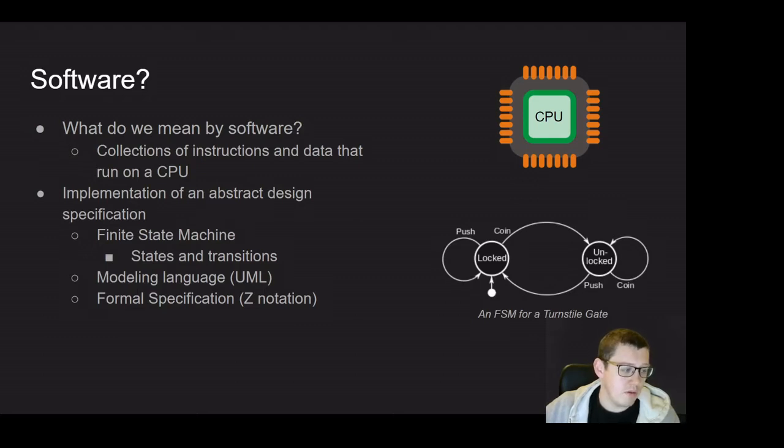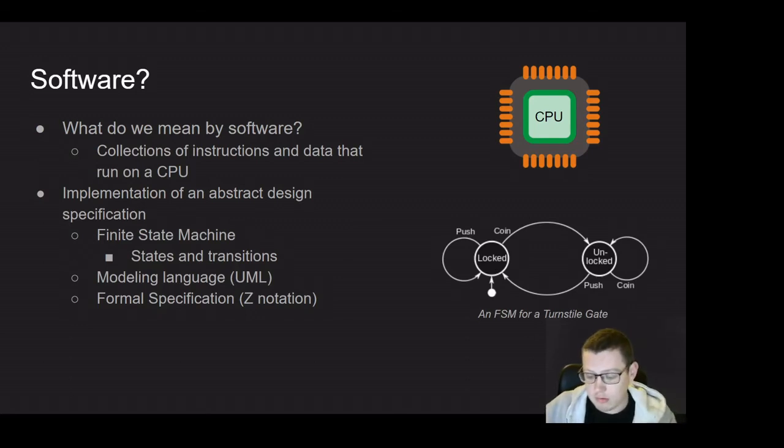Other ways that we can represent abstract design specifications of a system we want to build: you might be familiar with UML. UML is a diagramming language, Unified Modeling Language, and it was used more in the past than it is now, but it's still used in business to design and describe software systems, and not just software systems, but systems in general, in terms of components and the relationships between components.